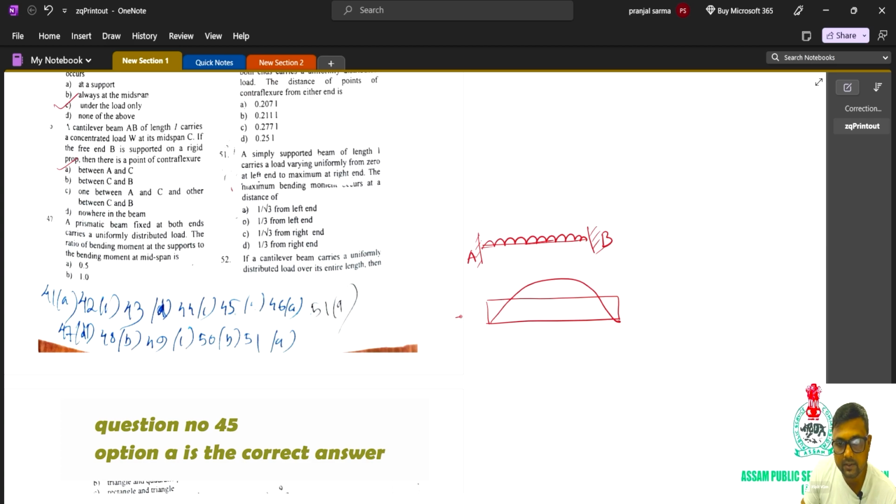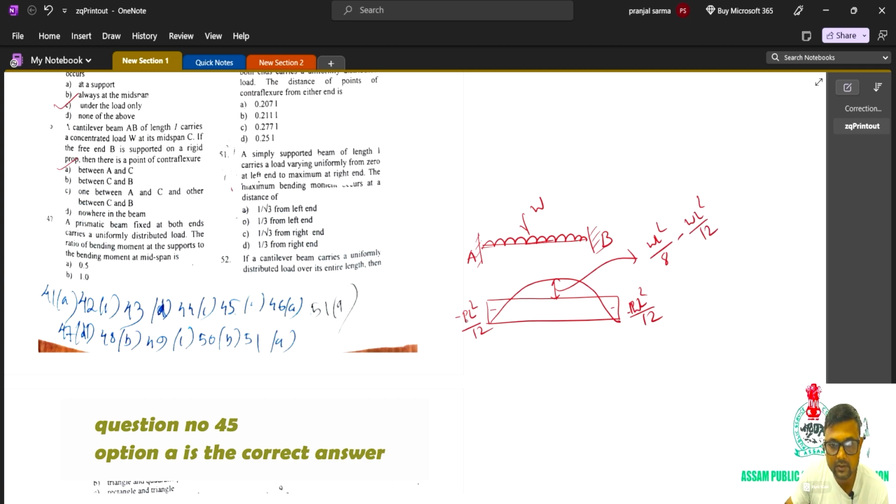You have to remember this is minus WL square by 12 at the support. At the midspan it is WL square by 8 minus WL square by 12.